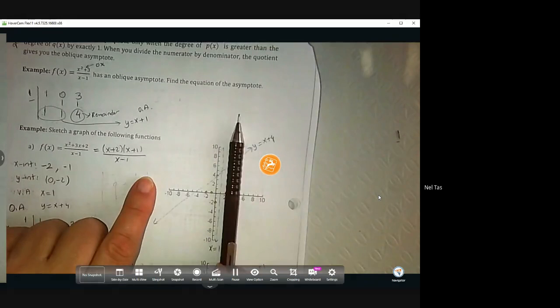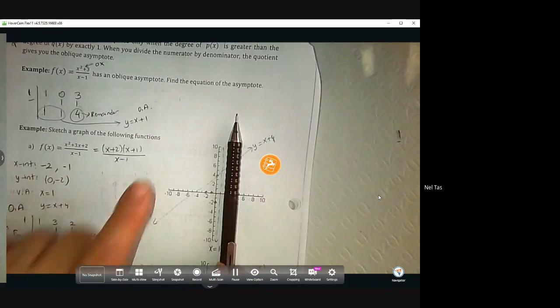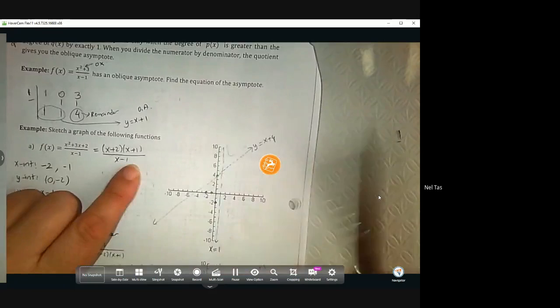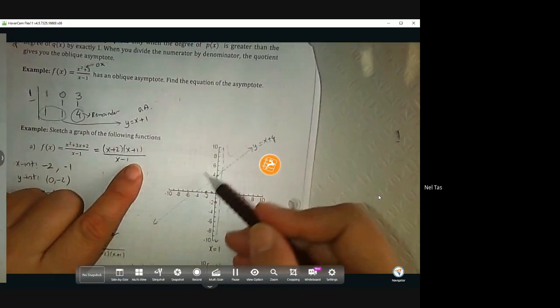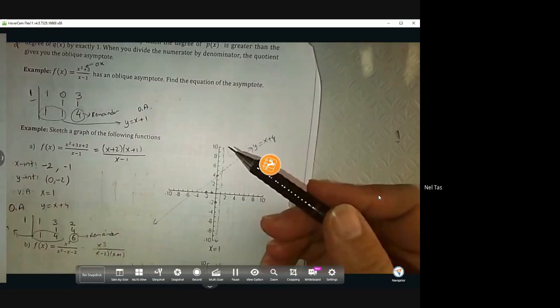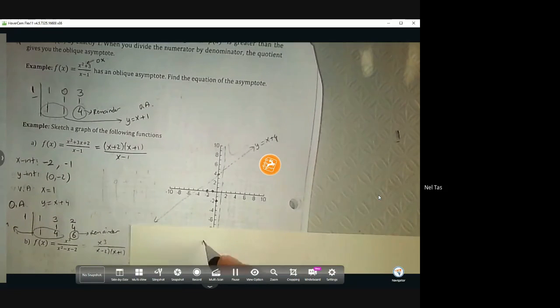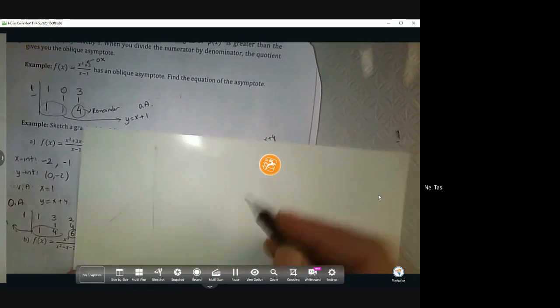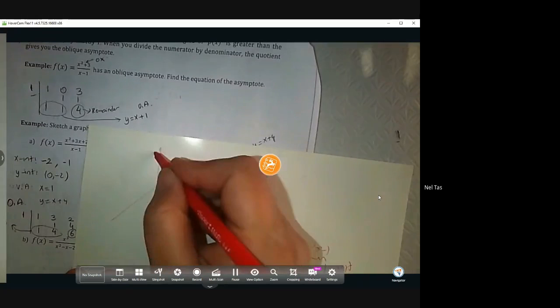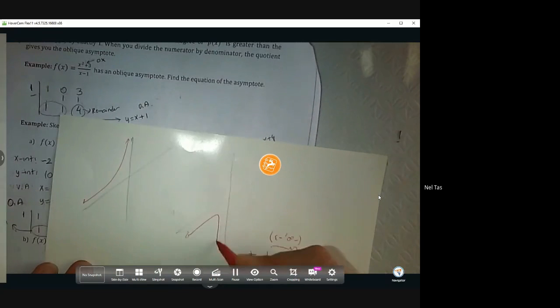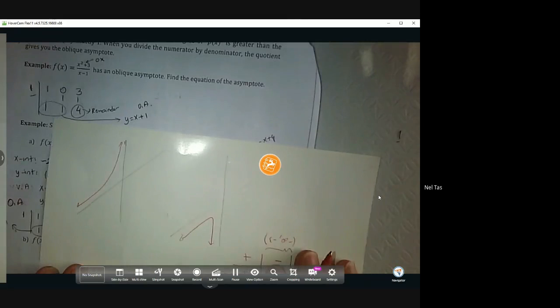So let's look at the left side of the vertical asymptote. What are the possibilities here? You can either sketch something here. Okay, it's going to look like, let me do it here. Okay, so if these are your asymptotes, either when you're sketching like this, okay, or this, with the asymptotes.